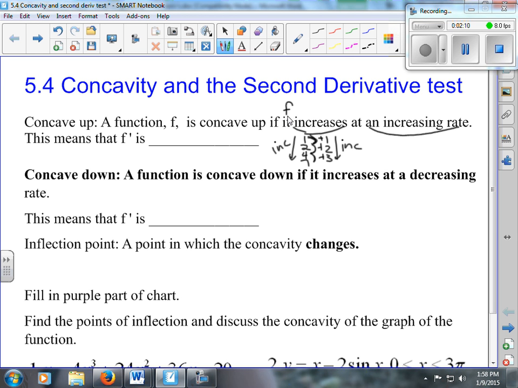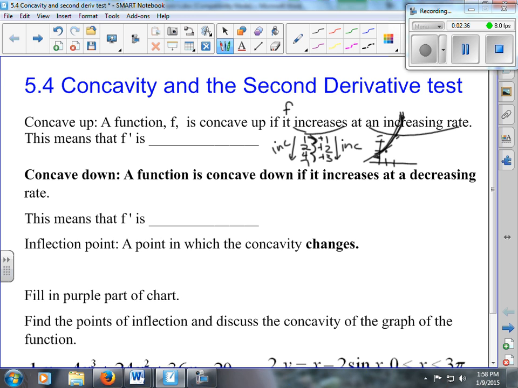And what happens when a function does that, if I just plot the points (0, 1), (1, 2), (2, 4), and then the next one 7, is the concavity of the curve will be curvy up, will be concave up.